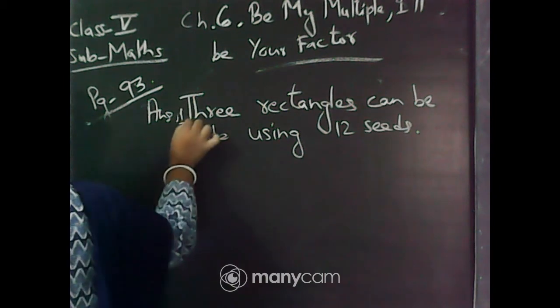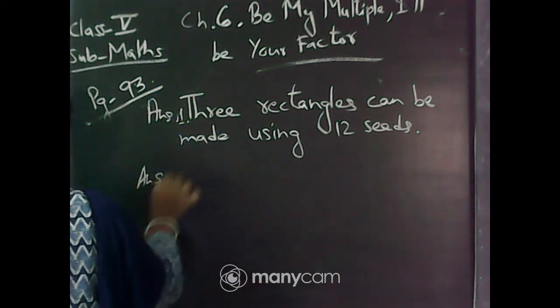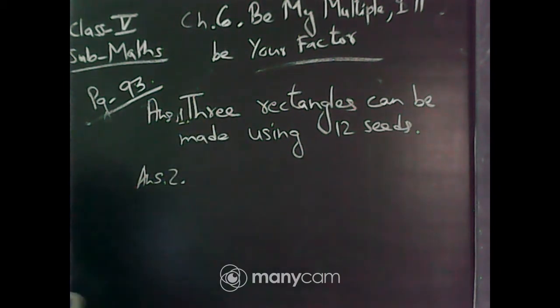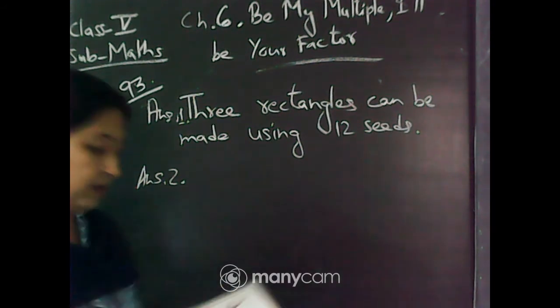This is answer number 1. So 3 rectangles can be made using 12 seeds.